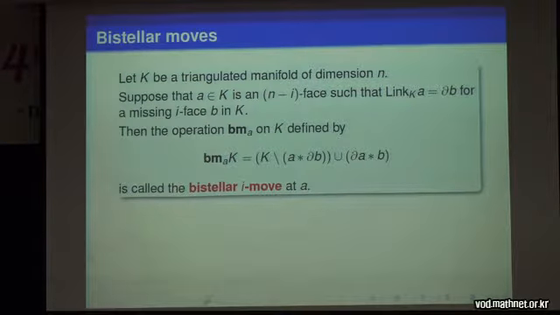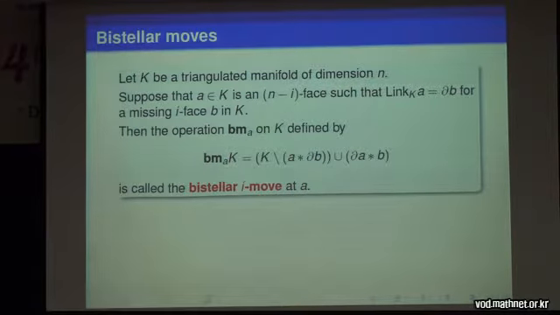Here is the definition of the bistellar move. Let me give more detail about that. Here K is the triangulated manifold. If you want to do the bistellar move, first you need to find a face. This face needs to satisfy some conditions.